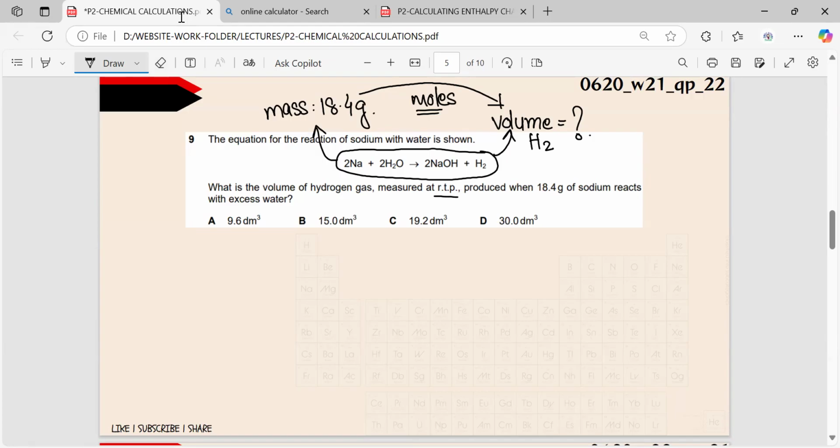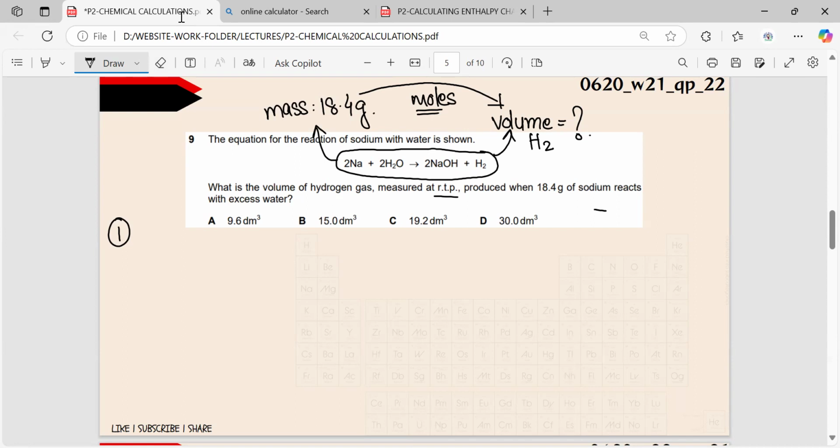So the first step will be, we will find the moles of sodium, because when the amount of one substance is given and we need to find the amount of another substance, like mass is given and we need to find the volume of the other substance, then we have to follow some steps.